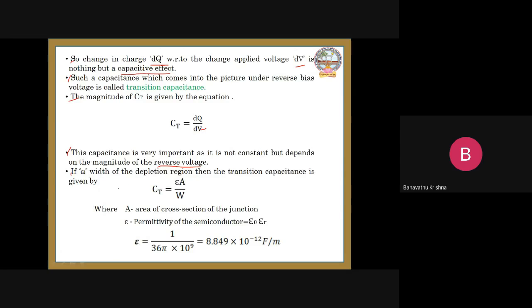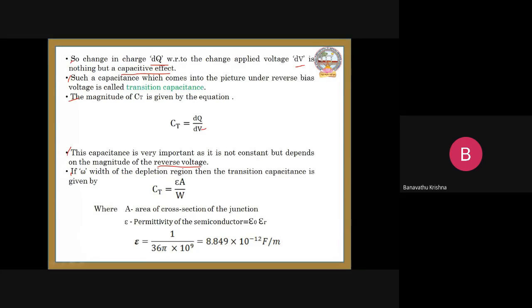Then the transition capacitance is given by CT equal to epsilon A by W. Here epsilon is the permittivity of the semiconductor and A is the area of the cross section. The permittivity is given by the parameters epsilon naught, the permittivity of free space, and epsilon r, the relative permittivity. Finally, epsilon is equal to 8.854 times 10 to the power minus 12 farad per meter.